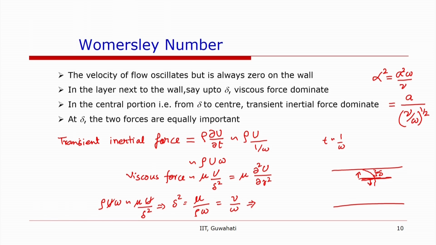From this we get the relationship that delta is equal to nu over omega to the power 1/2.